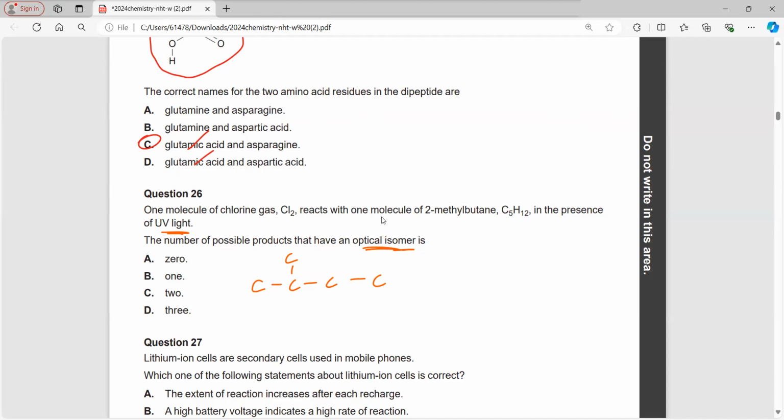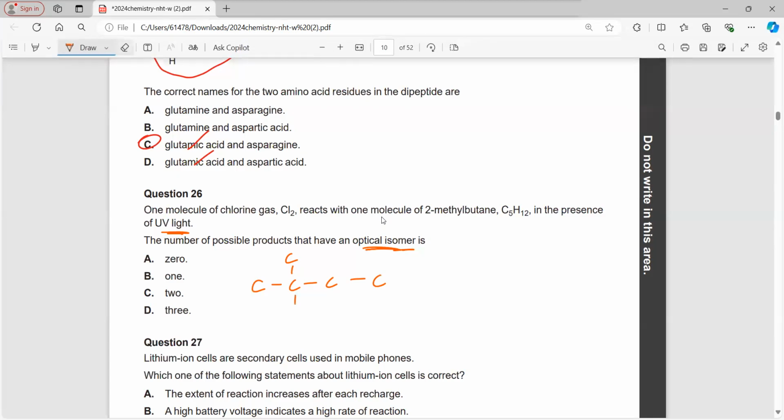So each time we react with a molecule of chlorine gas, only one chlorine can replace a hydrogen. Let's say, for example, we add a chlorine here, in another color.